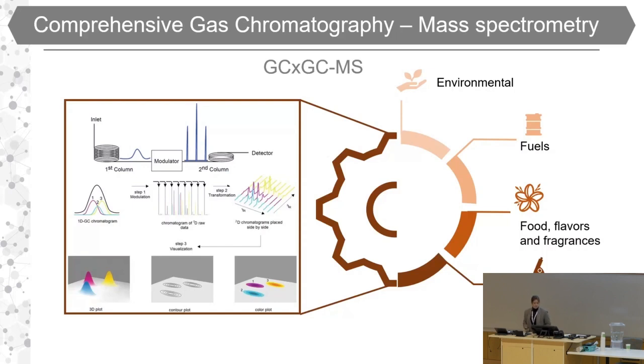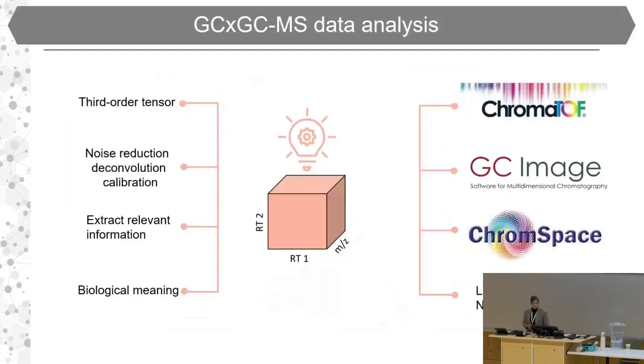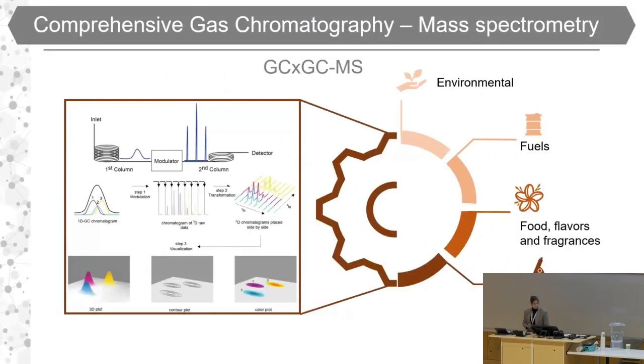These capabilities have led to the widespread adoption of GC×GC in multiple application domains, including forensic chemistry, environmental analysis, petrochemical and fuel characterization, food, flavor, and fragrances, and also in biological applications such as metabolomics and bulk profiling. In particular, GC×GC has demonstrated exceptional performance for the characterization of complex biological matrices, such as urine, human plasma, and also breath.